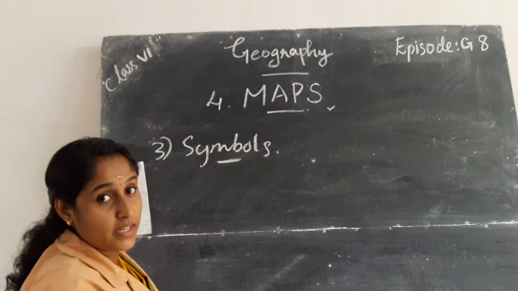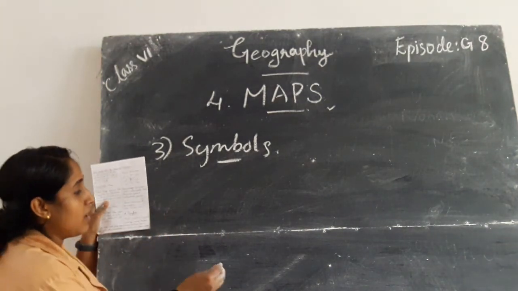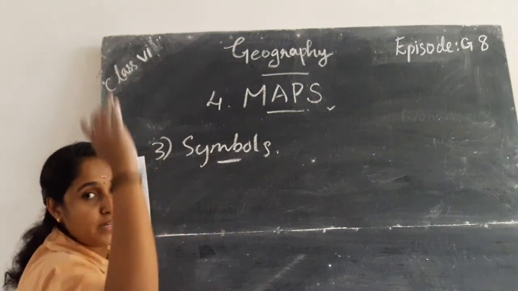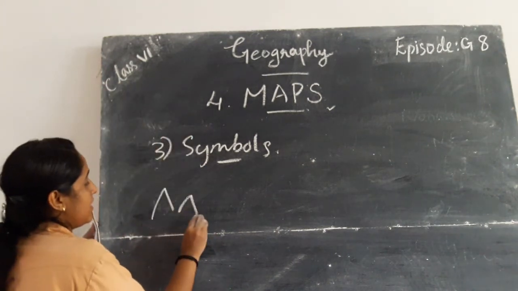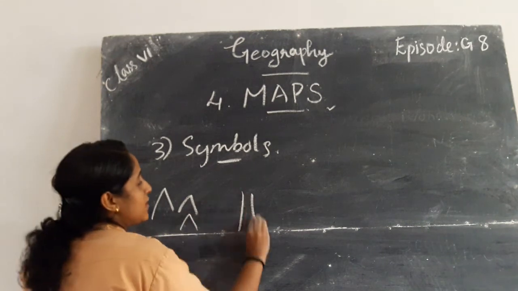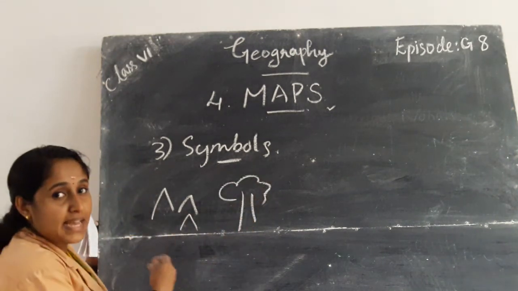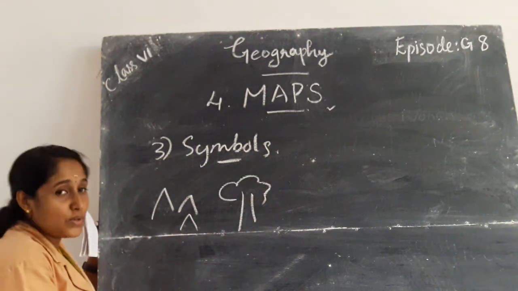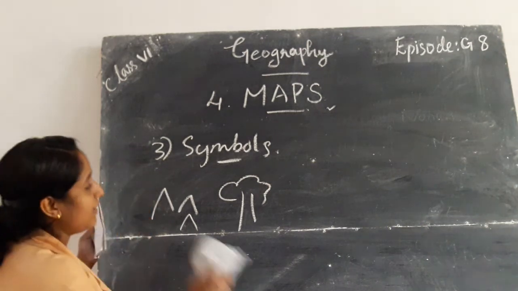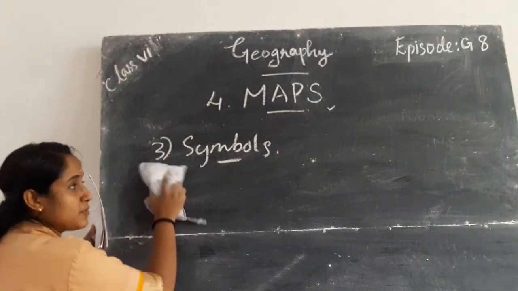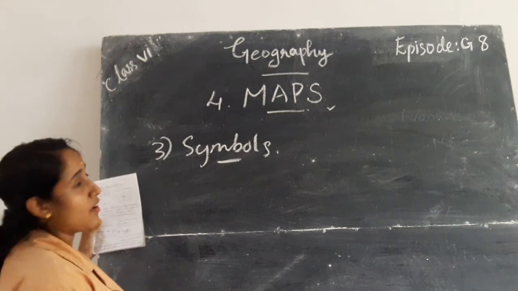Like we know that a map shows railways, mountains which are shown like this, and trees shown like this. These types of pictures on a map are called symbols.